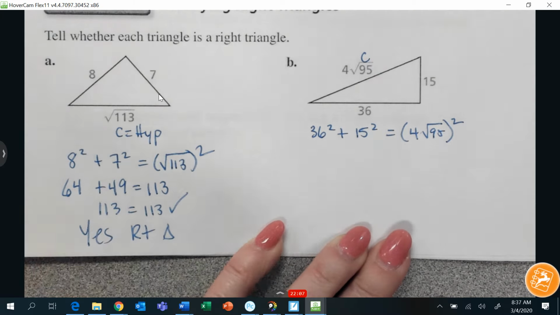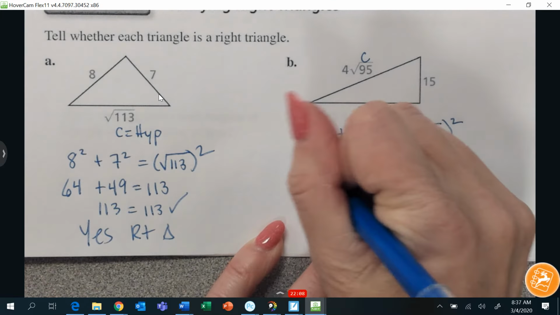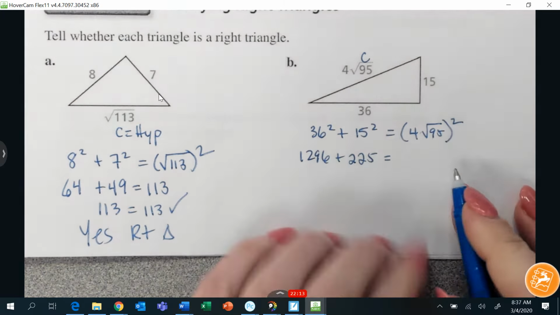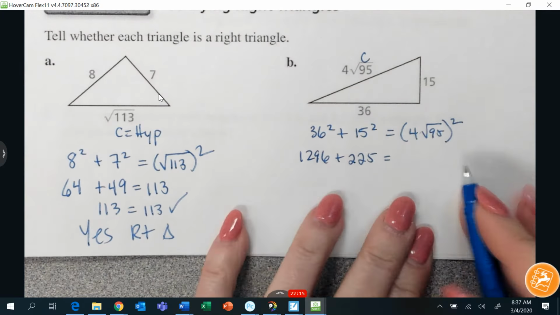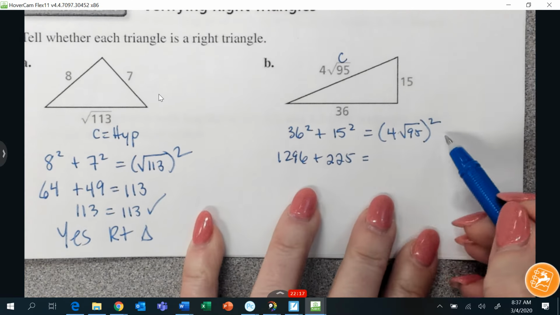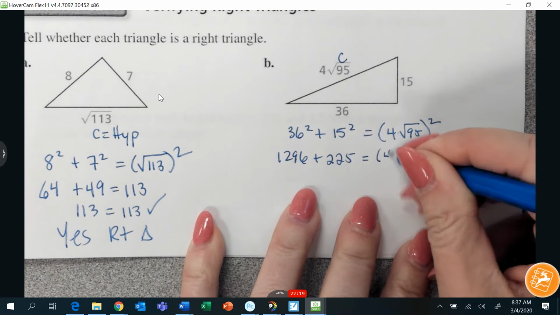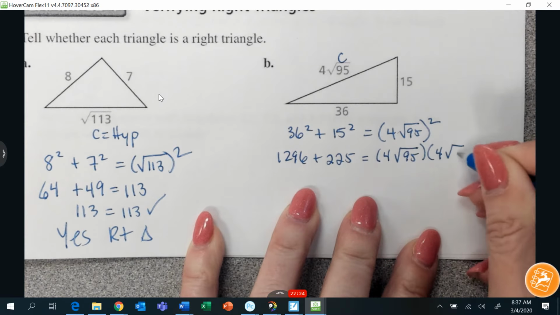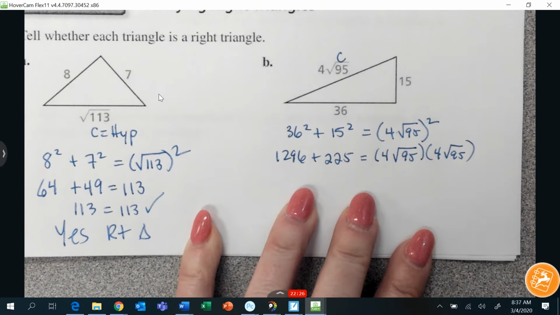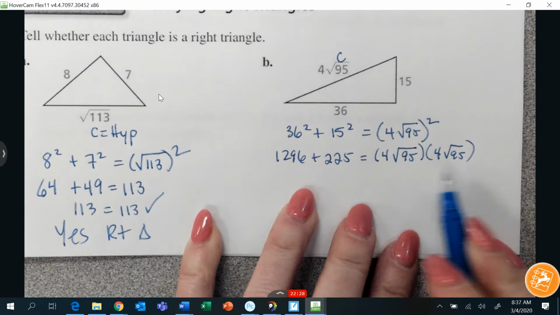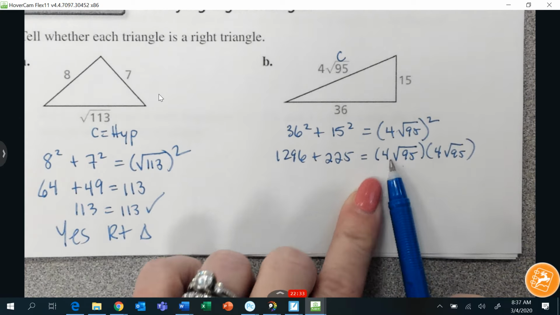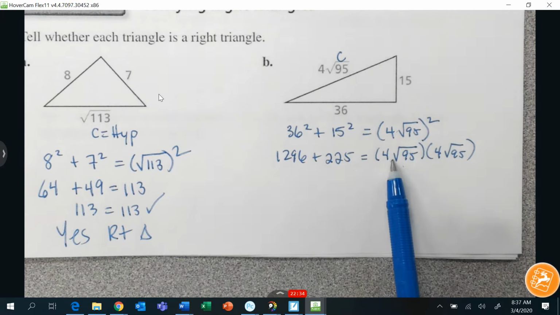36 squared is 1296. 15 squared is 225. Okay, over here, 4 square root 95 squared. This is the same thing as 4 square root 95 times 4 square root 95. And if we're multiplying things, do you know what operation is in between 4 and square root 95? That's multiplication.